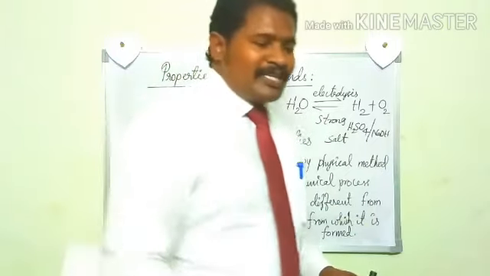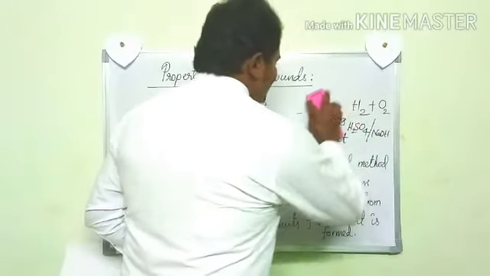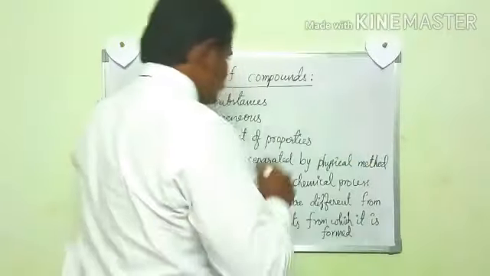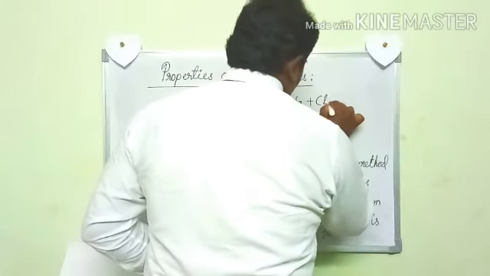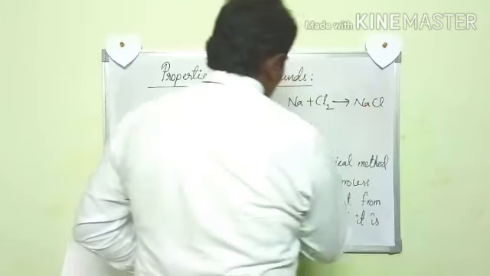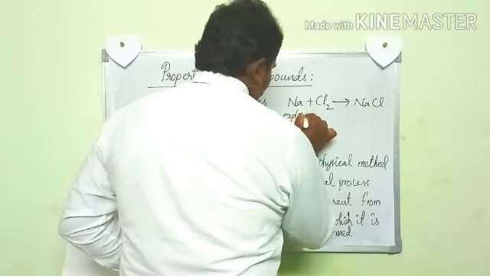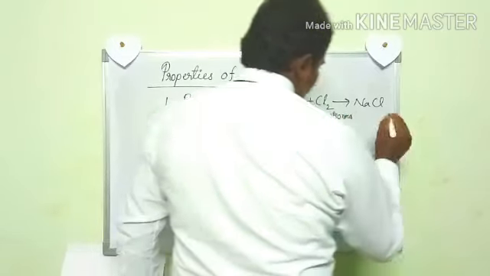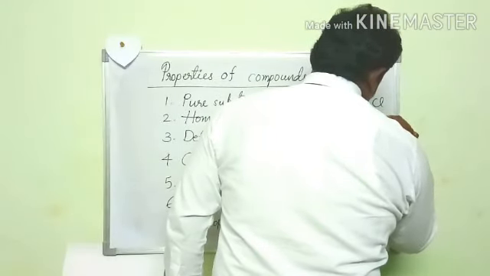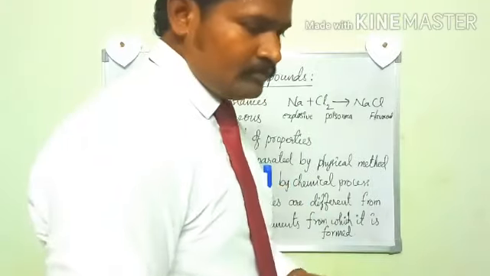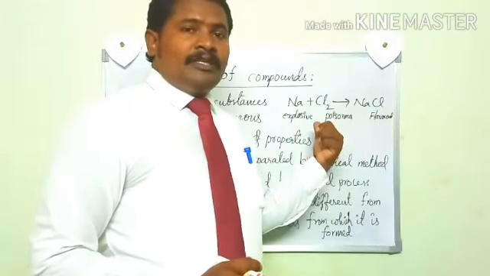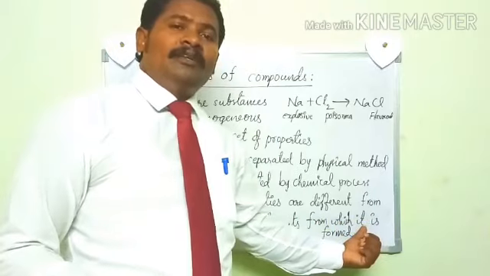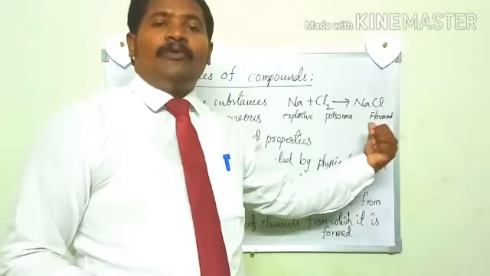Okay, let us take another example. See here, this is a very good example to understand how compound properties are different from the properties of the elements from which the compound is formed.